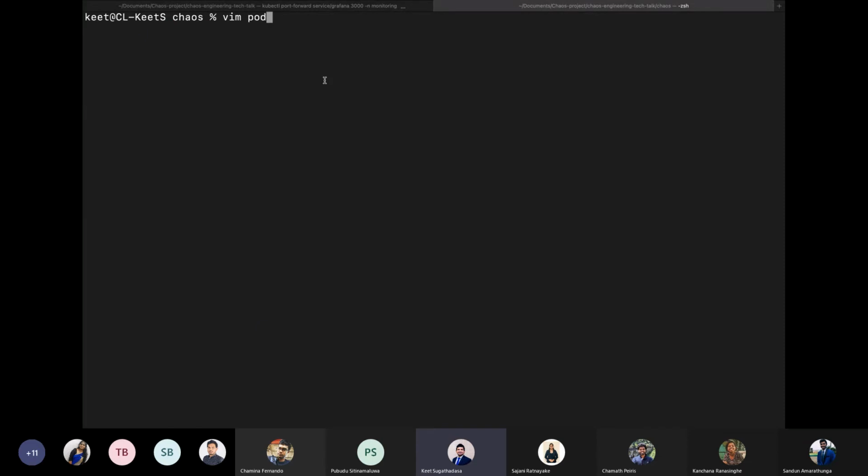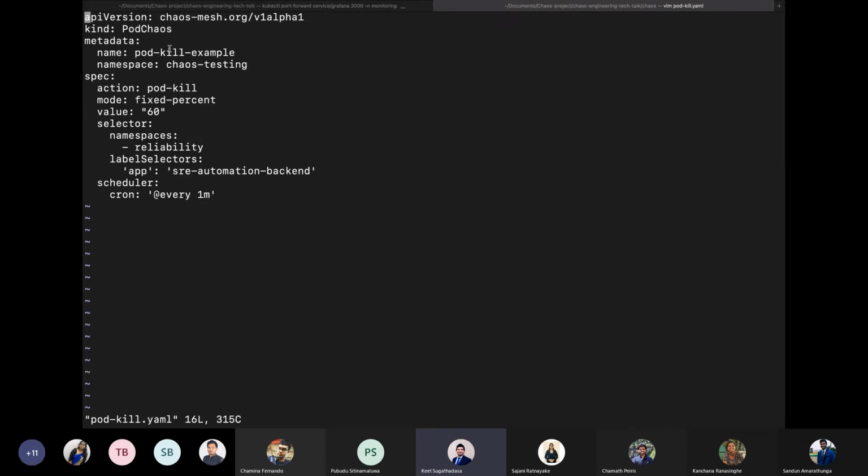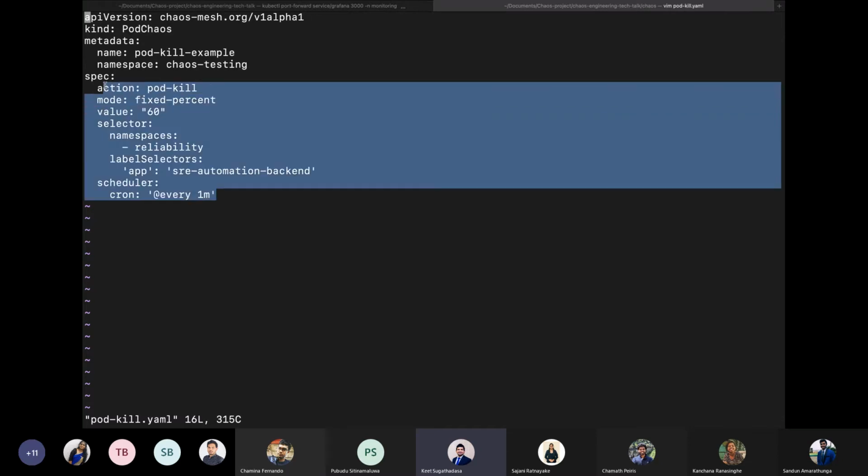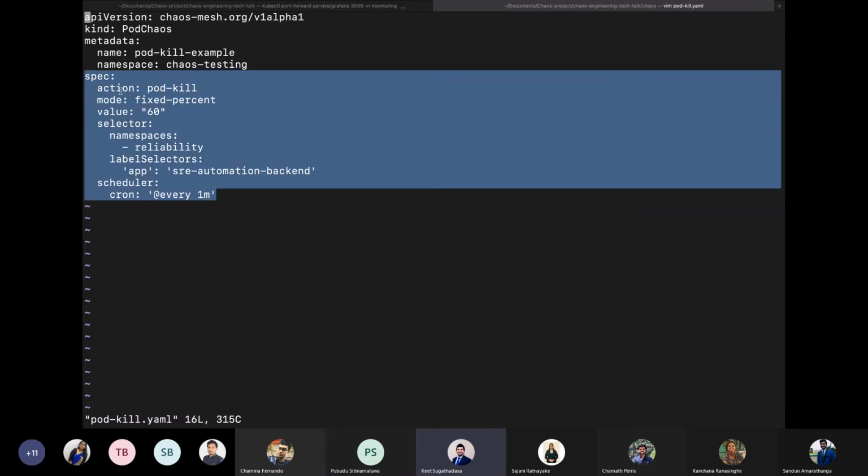First of all, let's have a look at the configuration that we have put. This is a simple YAML file that we can apply to our Kubernetes environment, and for our demonstration purposes, we'll look at the last bit of this, which is highlighted. So the action that I'm trying to perform here is a pod kill.